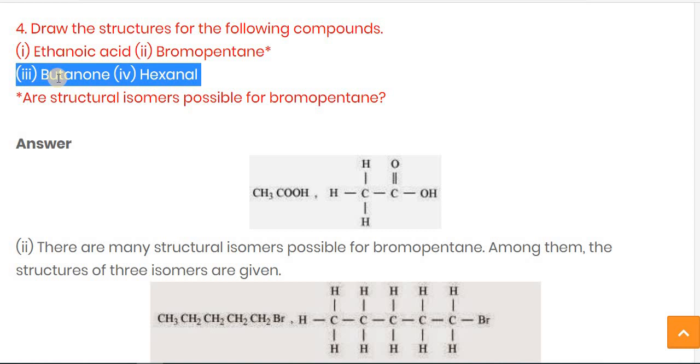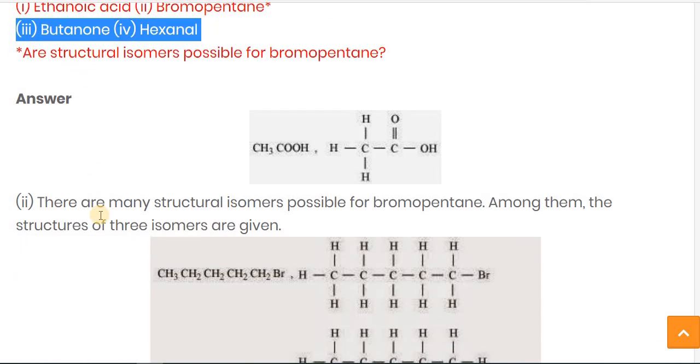Butane means it possesses the 4 carbon, and one means it possesses the ketone group. That's why the one suffix is used. Ketone group means C double bond O. And the next one is hexanal. Hexa stands for the 6 carbon, and the nal suffix is used for the aldehyde group, meaning the CHO group.